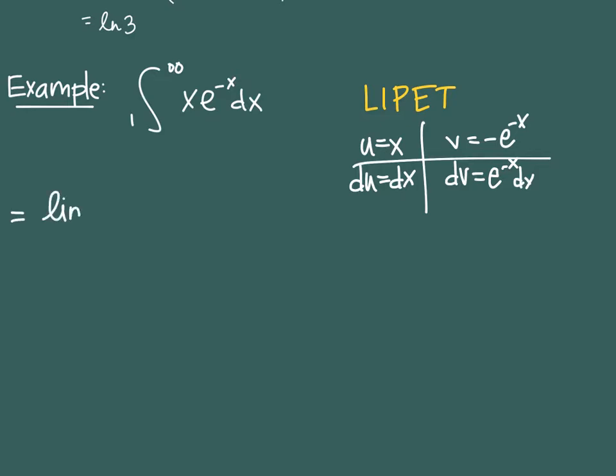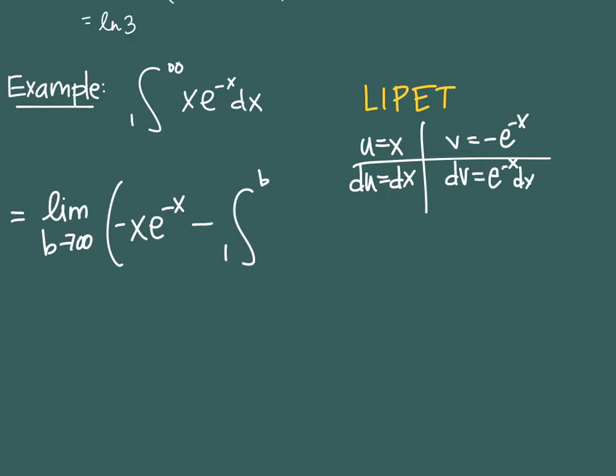So this is going to be the limit as b approaches infinity of, okay, u dv, so that would be negative x e to the negative x minus the integral from 1 to b of v du.